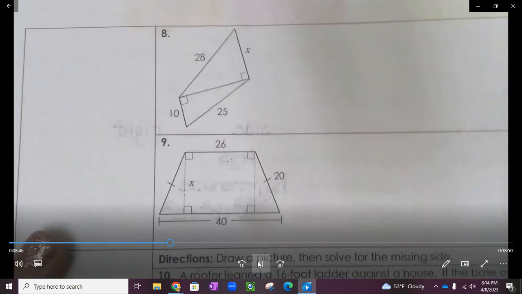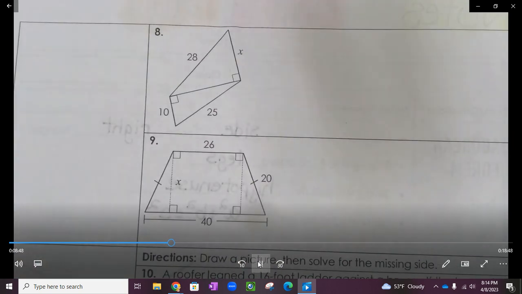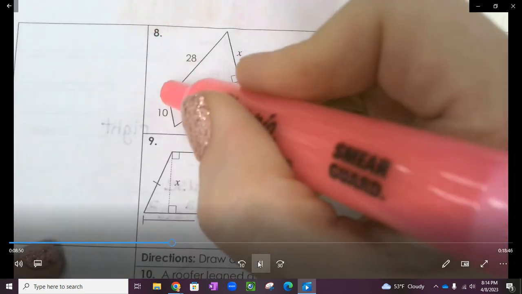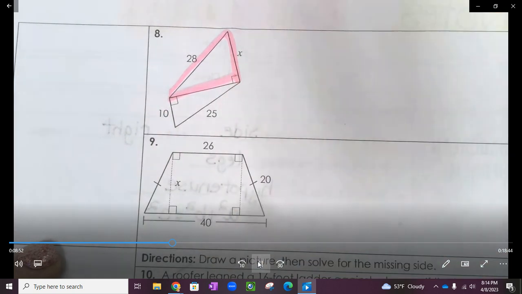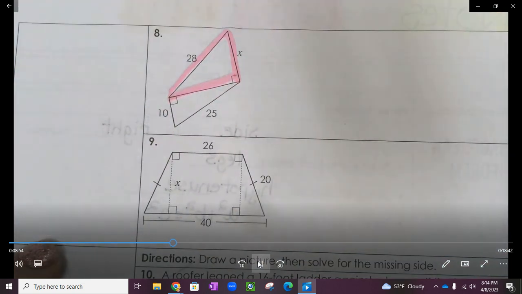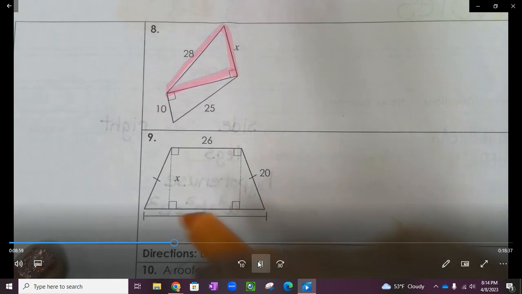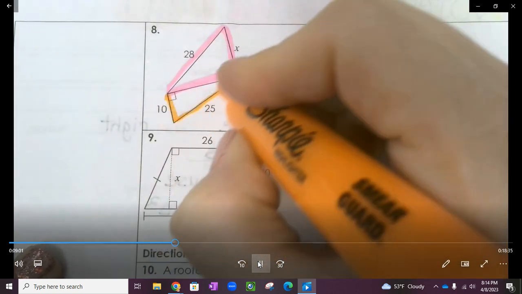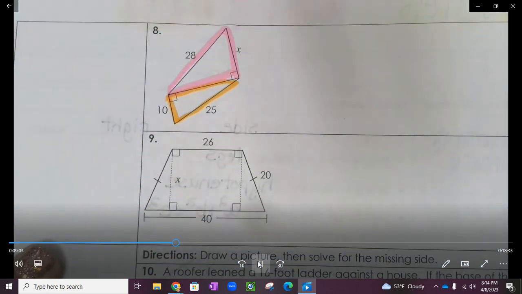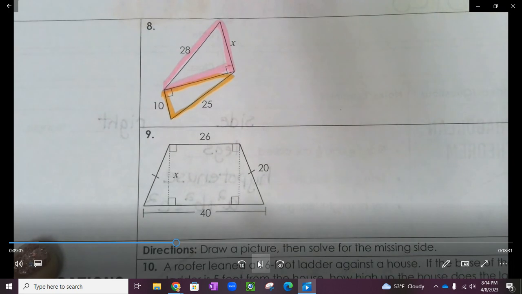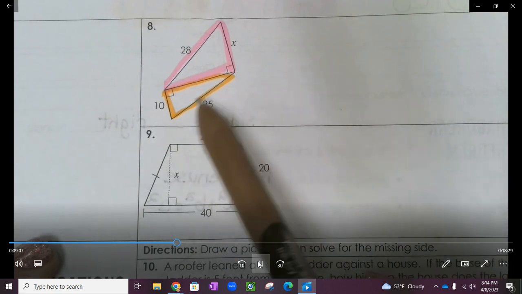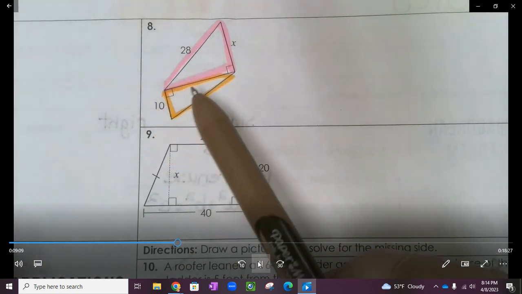All right, more combination problems. So number 8, we've got 2 triangles. We've got the pink and we've got the orange. So what we have to do, notice the pink and the orange are sharing a side. We have to do one set of work to get the answer here to be able to do the other set of work.